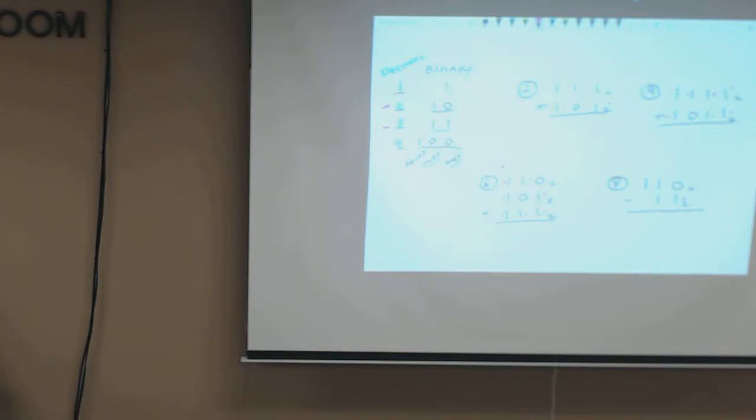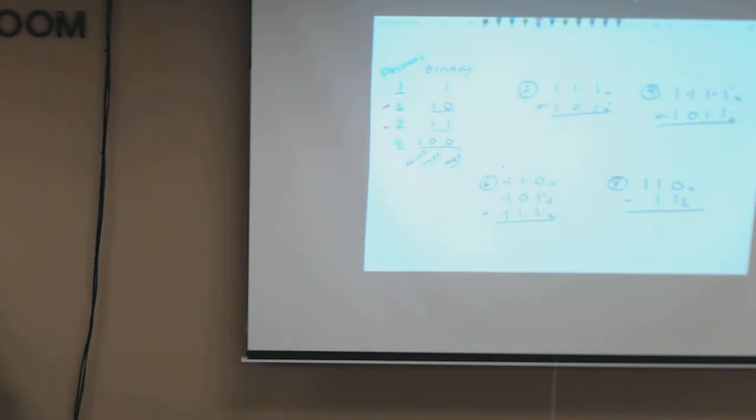What's 1 plus 1? In your head, what's 1 plus 1? 2. How do you say 2 in binary? Okay, now see, you don't have that in your head. So you make a chart. See this little chart on the screen up there? 1 in decimal is 1 in binary. 2 in decimal is 1 0 in binary.